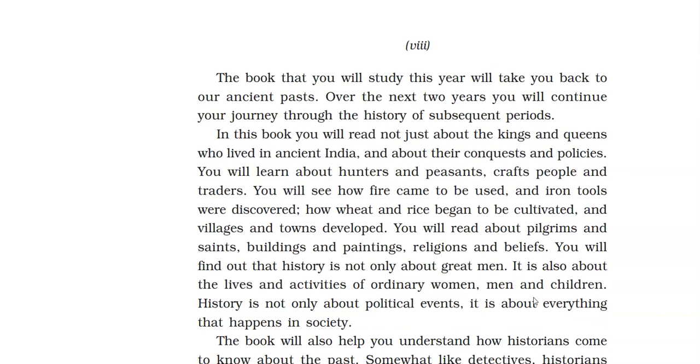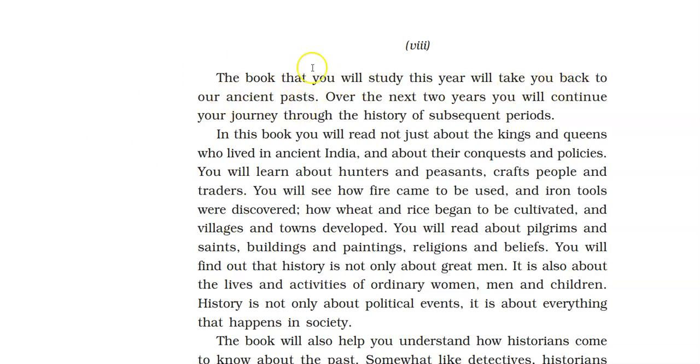How the people were living, what was the trend during the time, how the living conditions, how the geographical nature, how their settlements were. All these things we are going to study. The book that you will study this year will take you back to our ancient past.